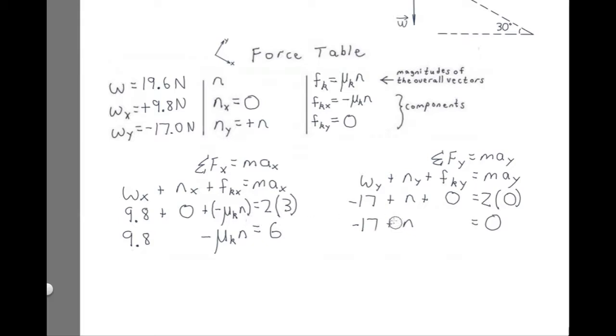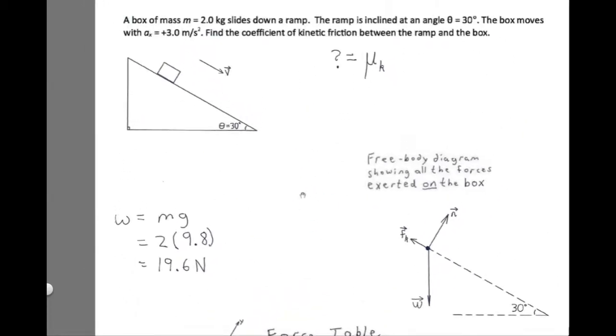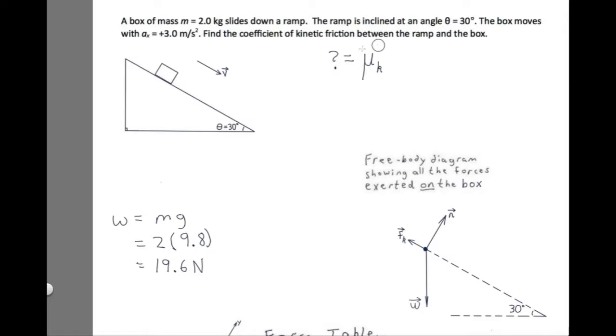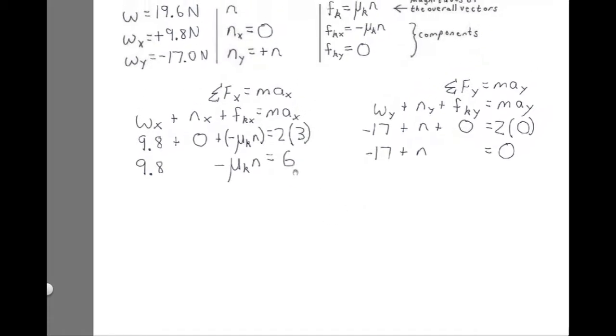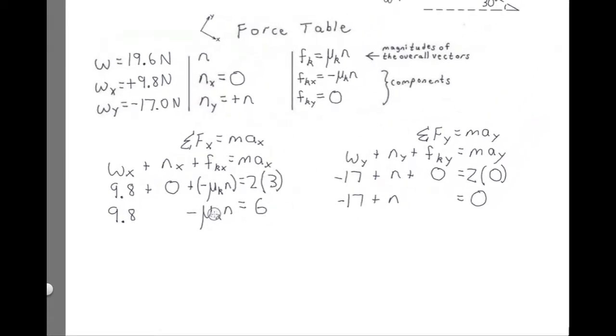Which equation should we work with first? Well, recall that the problem is asking us for mu sub k. So it would be natural to want to start with the x equation, since the x equation is the one that has the symbol mu sub k. But are we ready to work with the x equation? Count the unknowns. There are still 2 unknowns, mu sub k and little n, in our x equation, and that usually means that we're not ready yet to work with an equation.